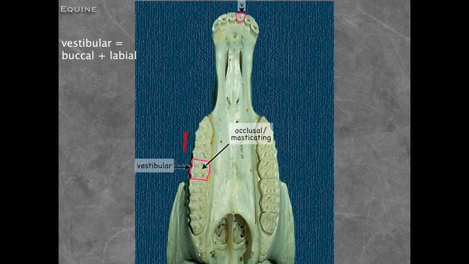Whereas up at the incisors, that vestibular surface is the labial surface. But in general, they're both vestibular surfaces. Now the inner surface is related to the tongue, and so we refer to that as the lingual surface.